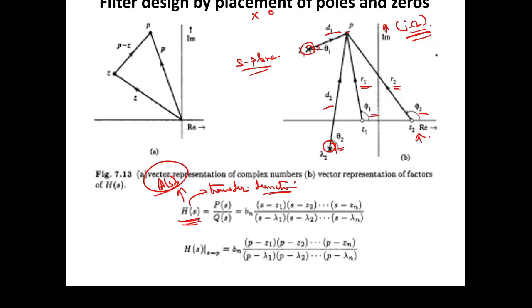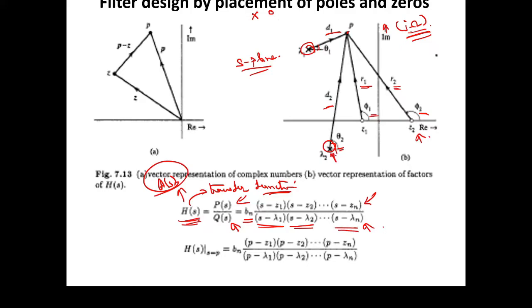Again, I told you, Ps by Qs, there will be two polynomials over there. We had V0s and V1s. Then we can have some scaling factor that can scale the amplitude values, and then we have two polynomials: s minus lambda 1, s minus lambda 2, up to s minus lambda n.